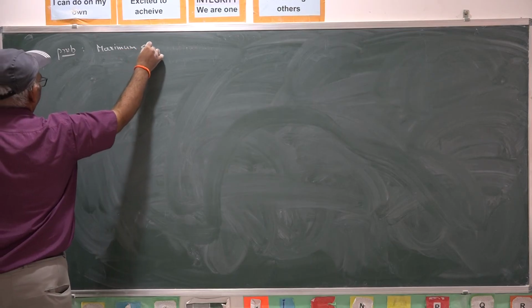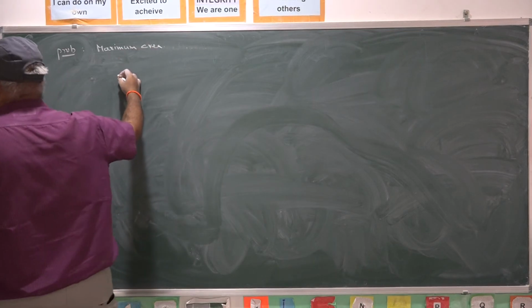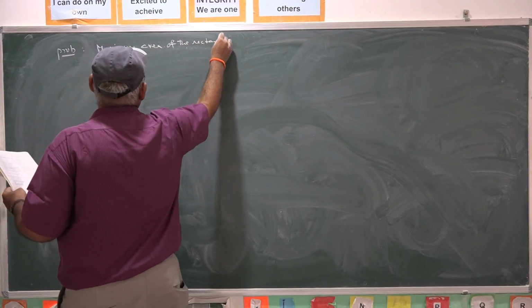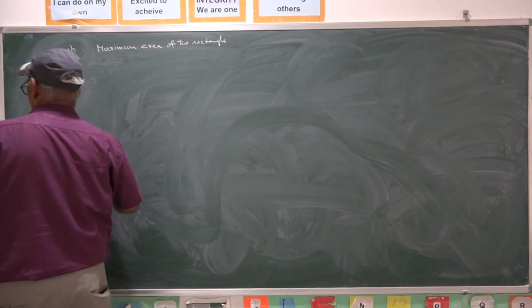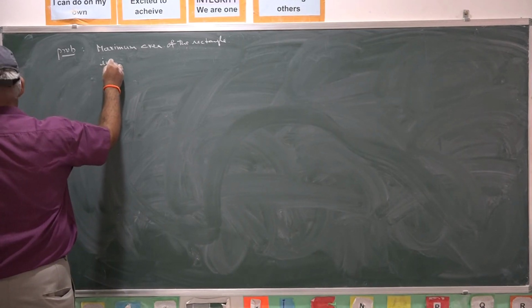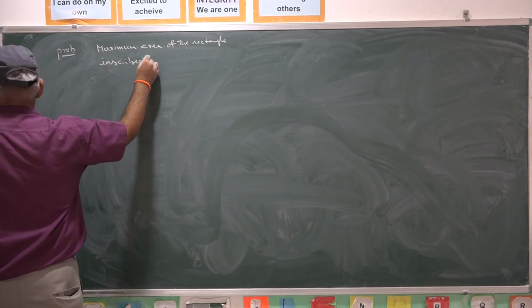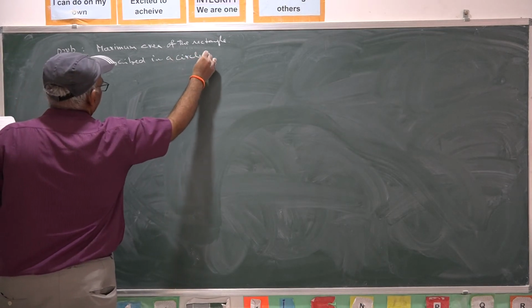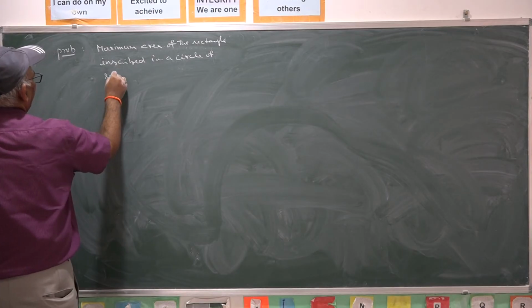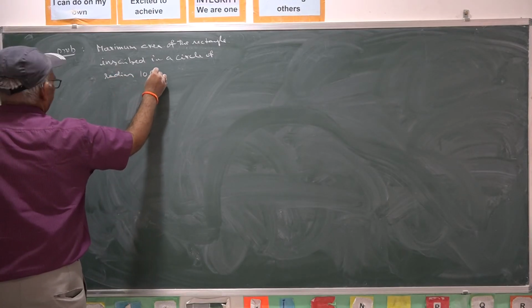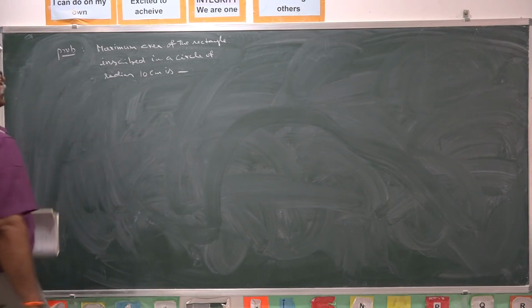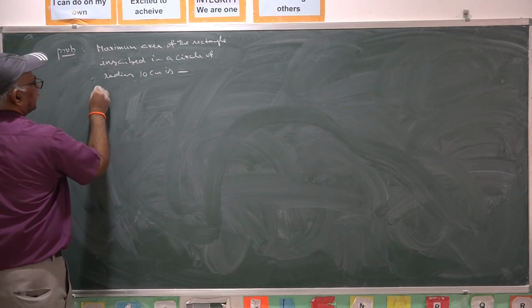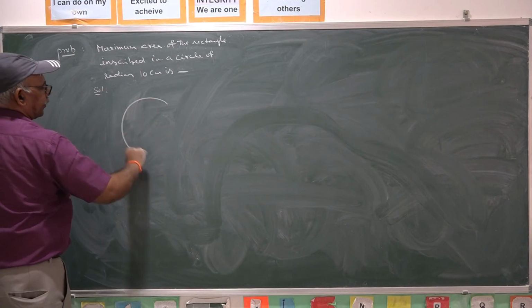Find the maximum area of the rectangle inscribed in a circle of radius 10 centimeters, a fixed circle.